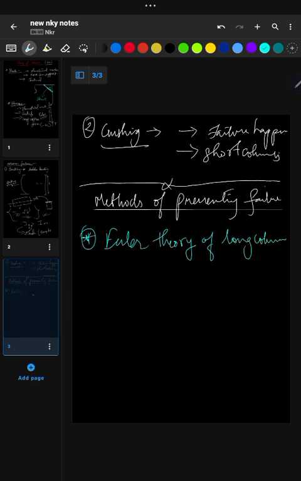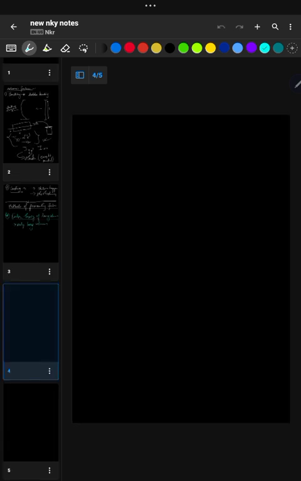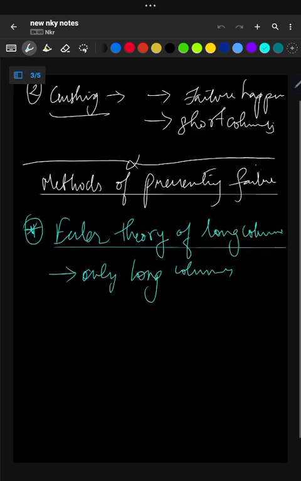It is important in GATE. It is used only for long columns, and it prevents buckling.